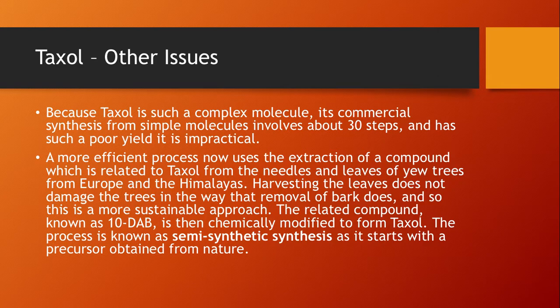Harvesting the leaves does not damage the trees in a way that removal of bark does, and so this is a more sustainable approach. The related compound, known as 10-DAB, is then chemically modified to form Taxol. The process is known as semi-synthetic synthesis, as it starts from a precursor obtained from nature.